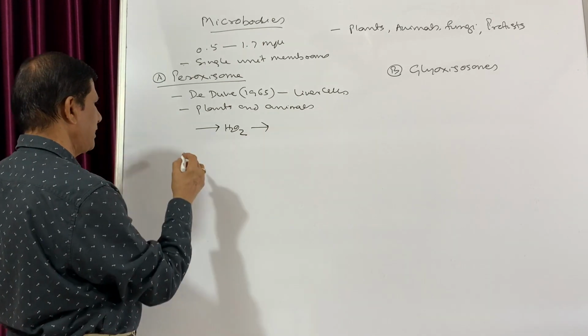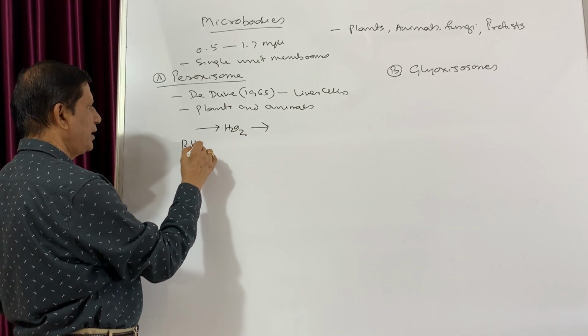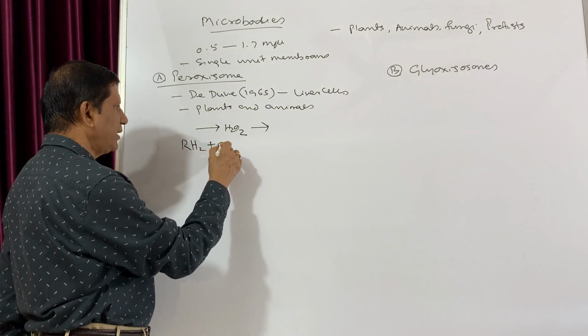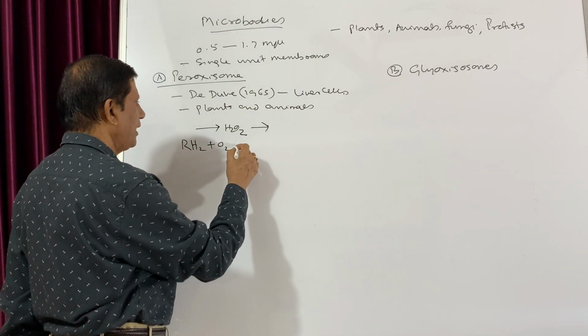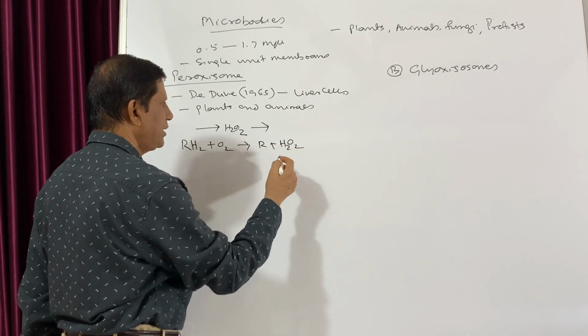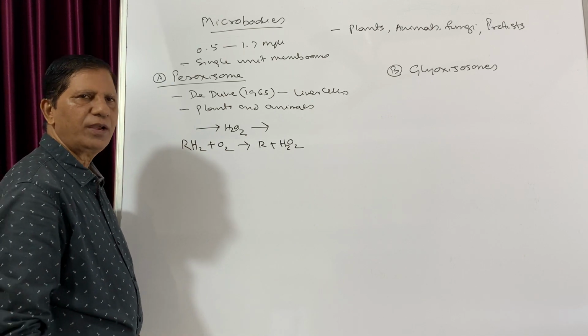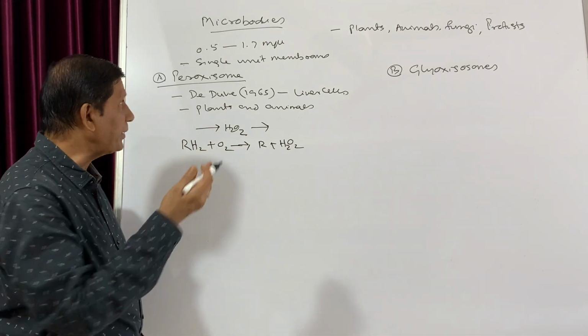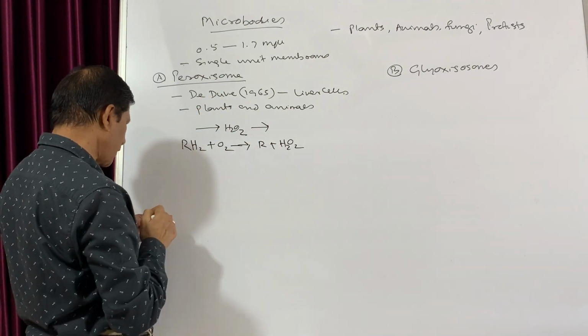Suppose let us take one example. Suppose RH2 is one substance. Now if it combines with oxygen, then it will give rise to R plus H2O2. This is hydrogen peroxide. Now this is carried out by the peroxisome, and the enzyme is peroxidase.